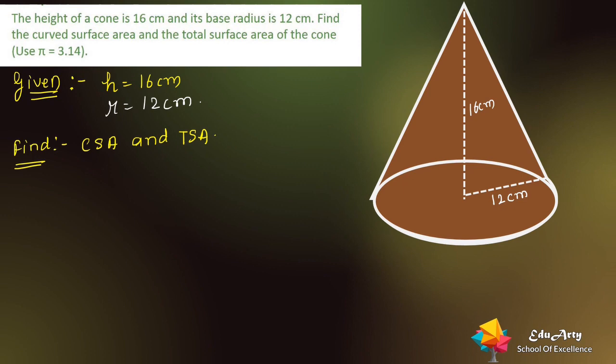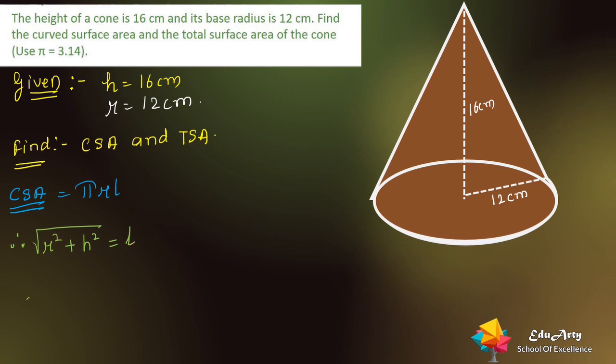So first of all, let us start with doing CSA. Correct? Now, what is the formula for CSA? CSA formula is equal to pi r L. Very clearly, L is missing here. So first of all, we will have to find L. So what will you do to find L? That will be root of r square plus h square will give you L. Correct?